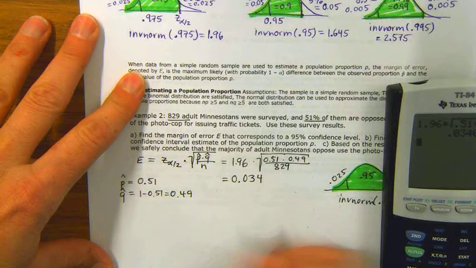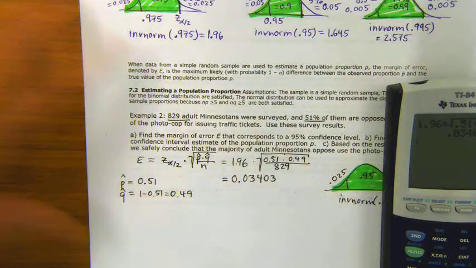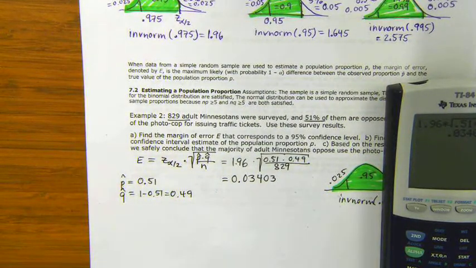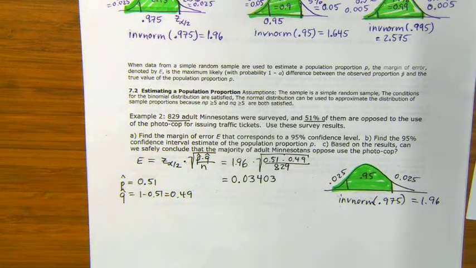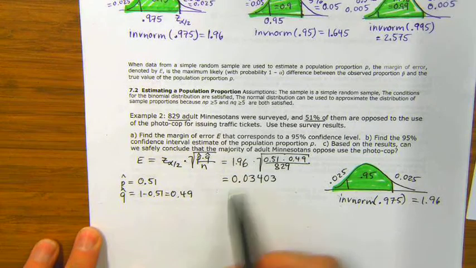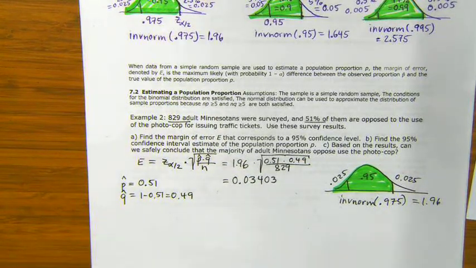And maybe let's carry a couple extra decimals. For our proportion, we're going to round our confidence intervals to 3 decimals. That's only for proportion. And it's 3 significant digits, so we don't really know how many decimals we need. Maybe 3 of them are going to be enough, but maybe we need a 4th one.